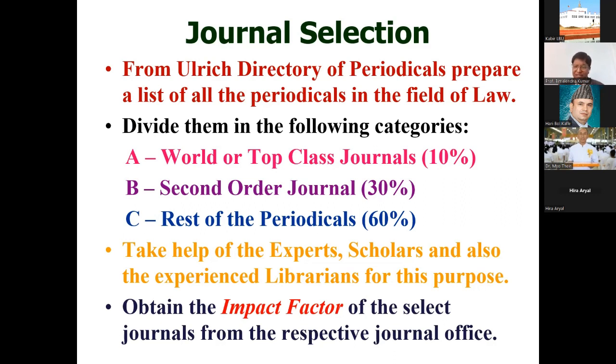Take the help of the experts, scholars, and also experienced librarians for this purpose. So which are the class 1 journals, or the second class journals, or the rest of the periodicals? You have to select with the help of the scholars of those areas, or even the librarians, who have good experience in the selection of journals also.